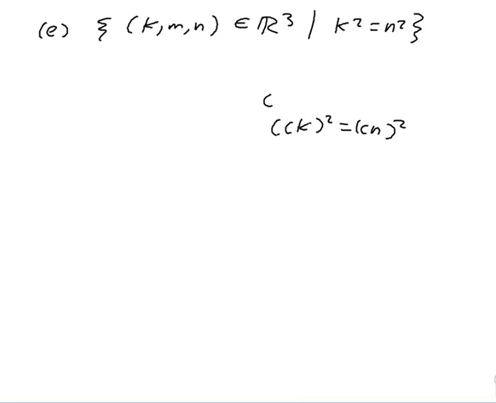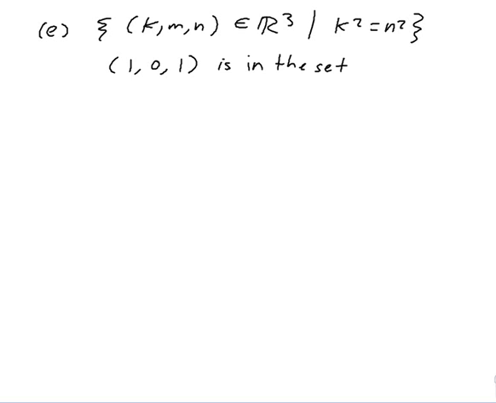So vector addition. If it's going to break under vector addition, then I just need to pick two vectors that are in the set so that when I add them together, they're not in the set anymore. Well, I can think of a perfectly good vector that is in the set. 1, 0, 1 is in the set, since 1 squared is 1 squared.